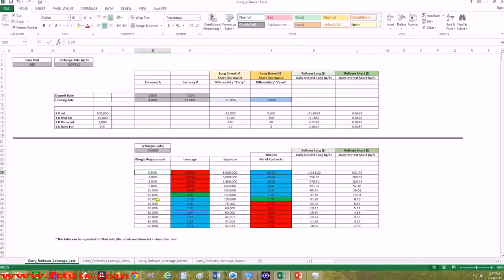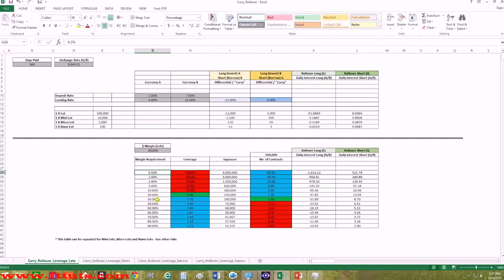And if you recall earlier, when we were looking at margin, leverage, and exposure, we did make the statement that really gross exposure is anything that you decide that you want.